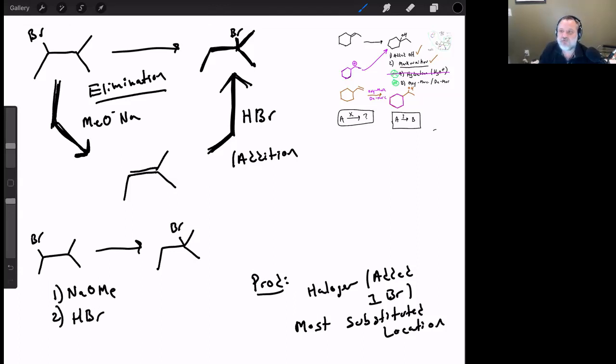That's the answer to this problem. It does take 2 steps. The first step eliminates the bromine, forms the double bond. The second step adds the bromine back in a Markovnikov fashion from the addition to the double bond. We know that we have to use a small base because it's a Zaitsev product and not a Hofmann product.